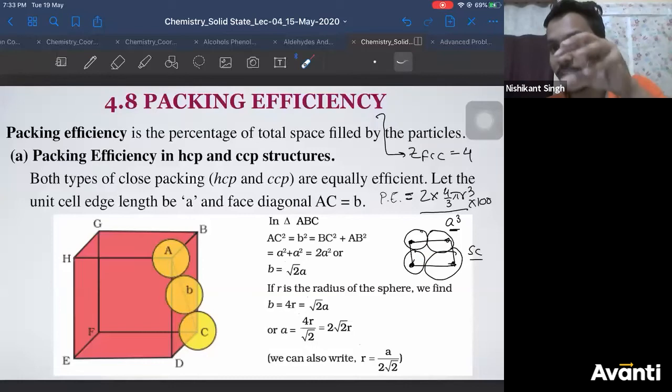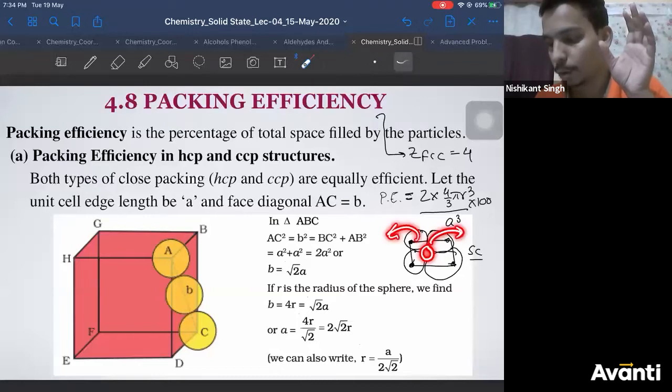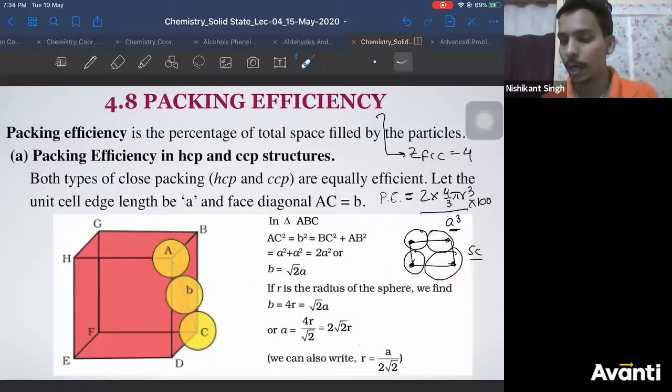It will not adjust easily. I have to press that fifth particle inside. To give space to my fifth particle, these four particles will move apart.